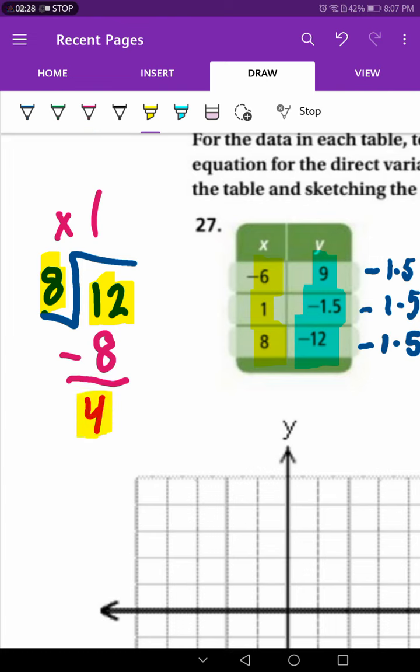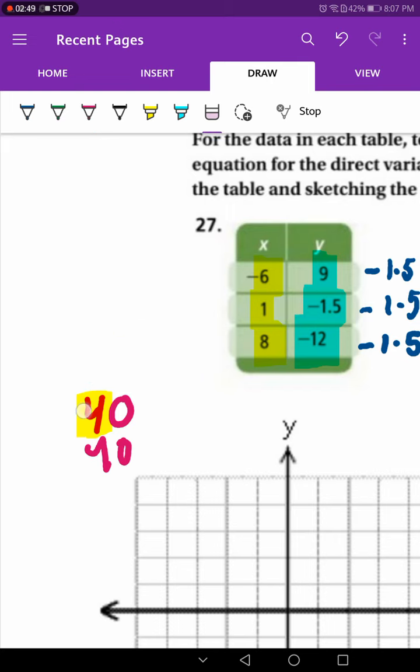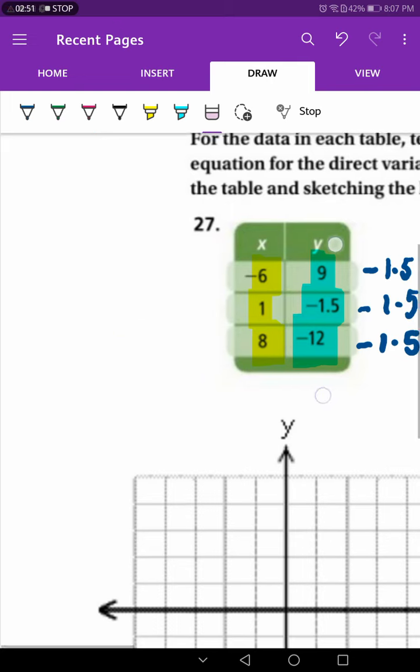The 4 is less than 8, so I need a 0, but I cannot put the 0 after the 4 until I put the decimal point here. So when I put the decimal point, I get 40. How many 8 in 40? It is 5. 5 times 8 equals 40, and you see how we get this 1.5. It is just for your information.